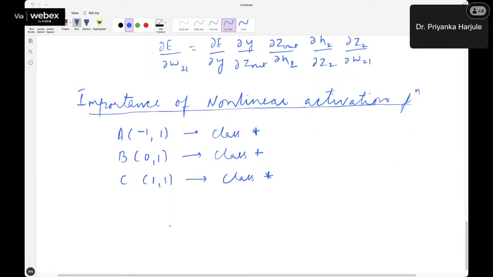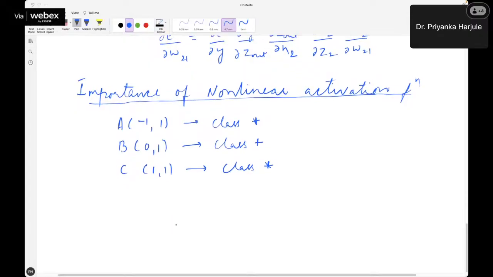So what happens is we consider this neural network architecture with two input nodes, x1 and x2, and two hidden neurons. With this edge, let us give +1.